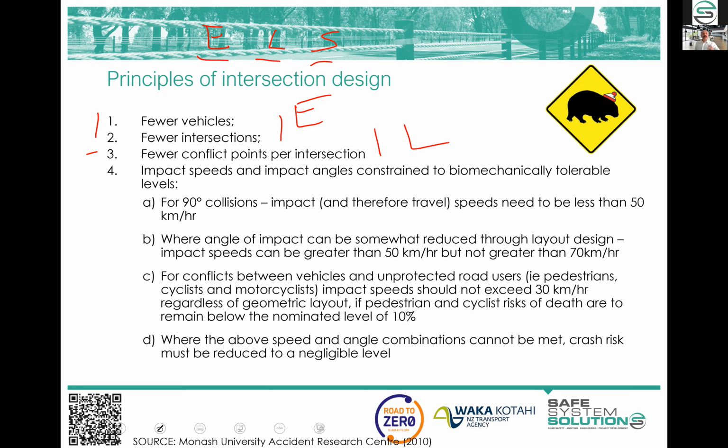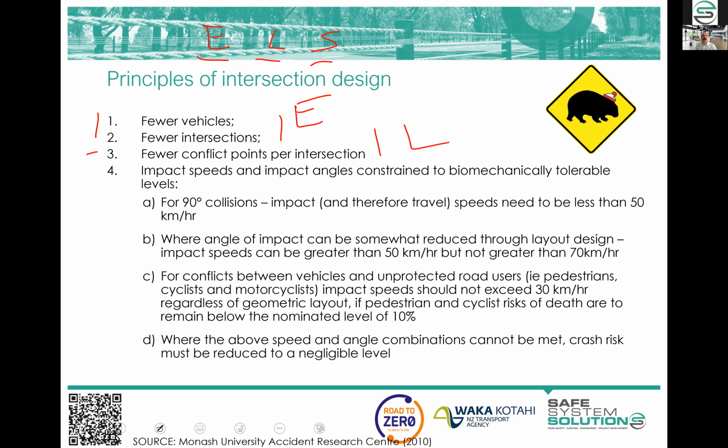Now, people will be tempted to say fewer conflict points, less exposure. That has been done in the past in road safety studies and investigations, but in a safe system assessment, it's very clear. As you lessen conflict points, we reduce the likelihood of crashes, but the only way to reduce the exposure to crashes is to change the number of vehicles or pedestrians or cyclists or motorcyclists.